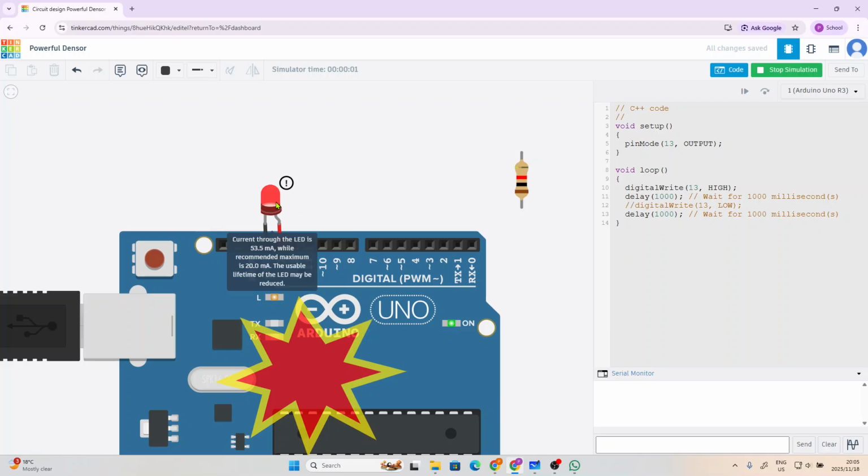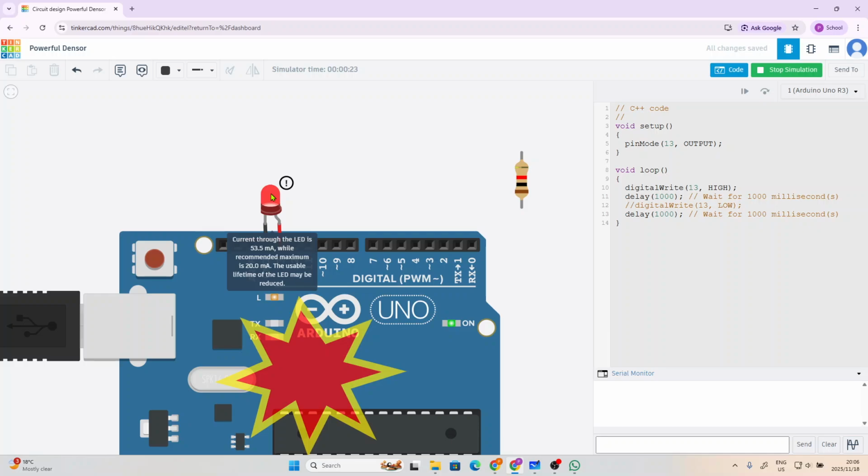So now we're seeing, okay, do you know the concept of amperage and voltage? We have just gone over the concept of amperage and voltage. It's saying that we are pulling 53.5 milliamps, that's how many amps the board is providing.